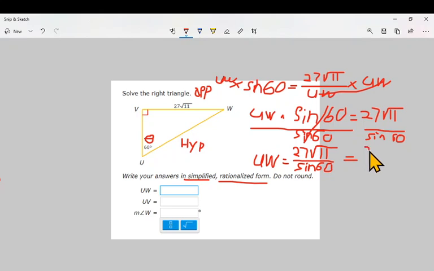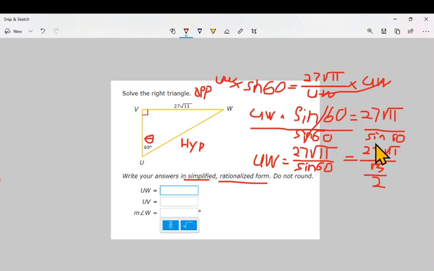On top, we still have 27 square roots of 11 all over sine of 60, which now becomes the square root of 3 all over a regular 2. Okay? And so from here, we will go ahead and simplify this down as much as possible to get our final answer for the side UW, which is what we've been doing here first, right?